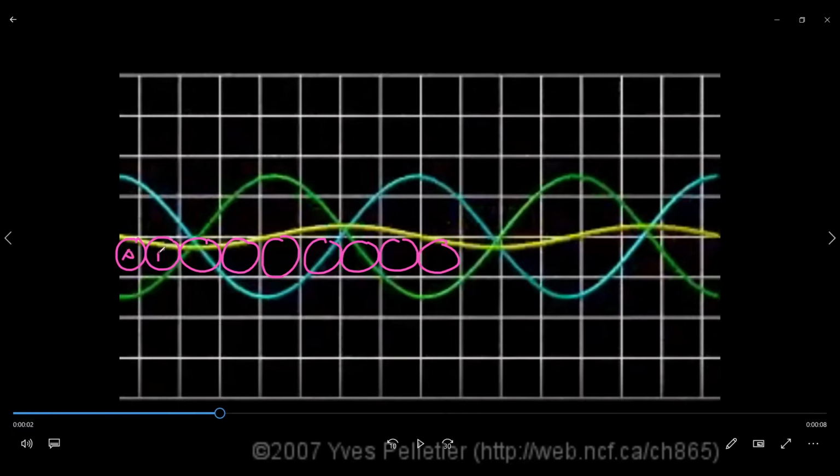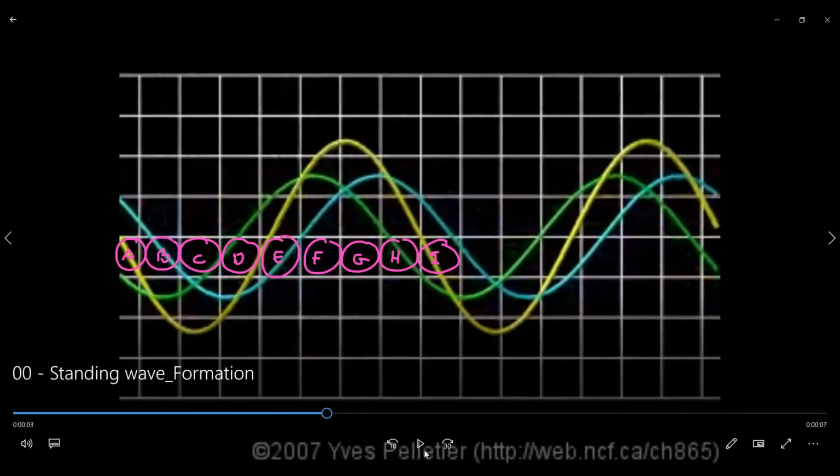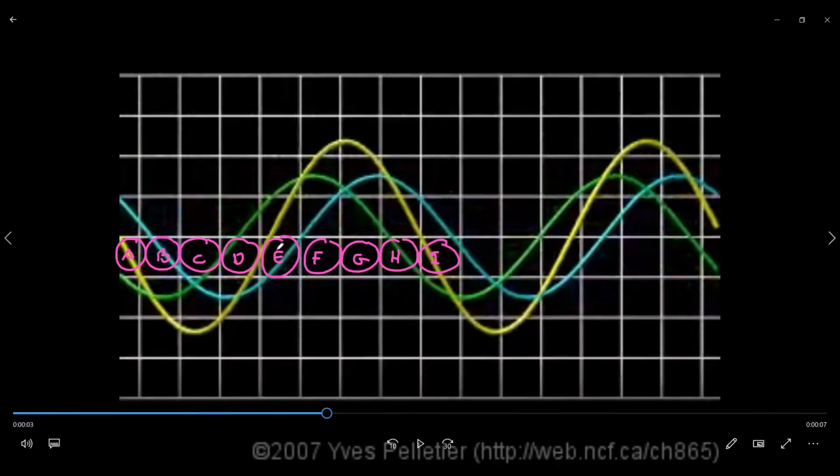Particles A, B, C, D, E, F, G, H, and I. So I just want you to focus on this set. All right, A, B, C, D, and E. Just focus on A, B, C, D, and E.